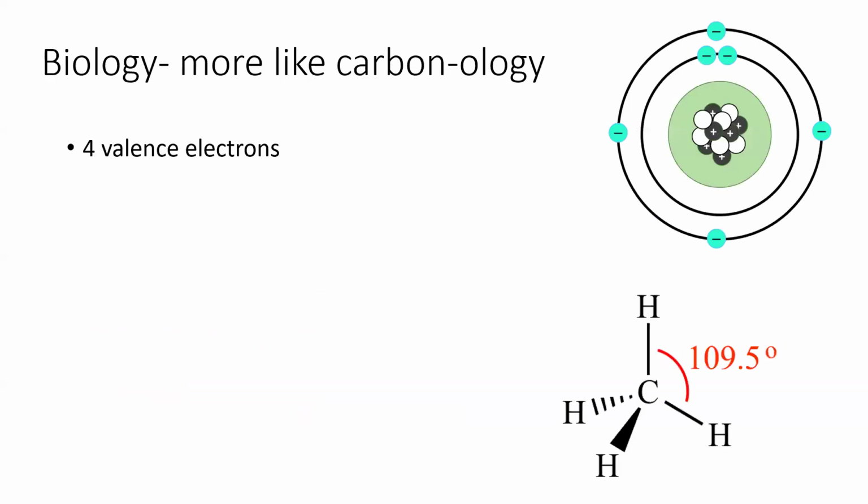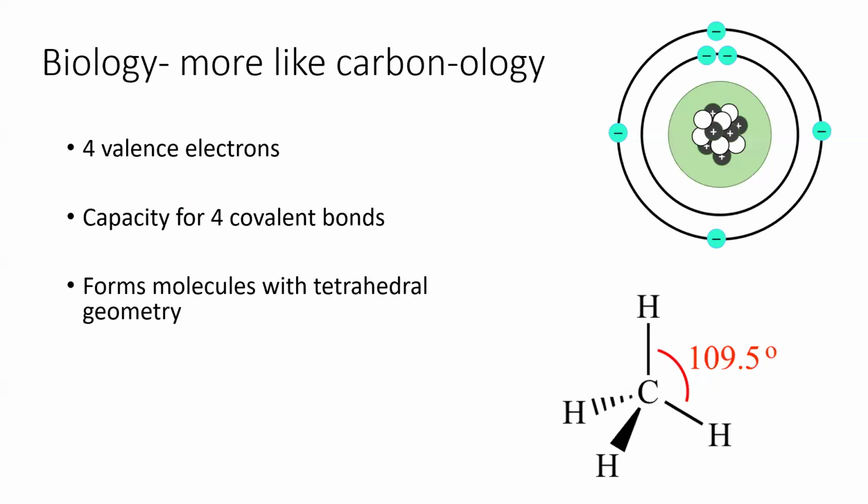So as I was talking about last class, when we were talking about valence shells and chemical reactivity, carbon has 4 valence electrons, which makes it very likely to form lots of different covalent bonds. It often forms 4 bonds to fill its octet, and we tend to see covalent bonds most often with carbon.